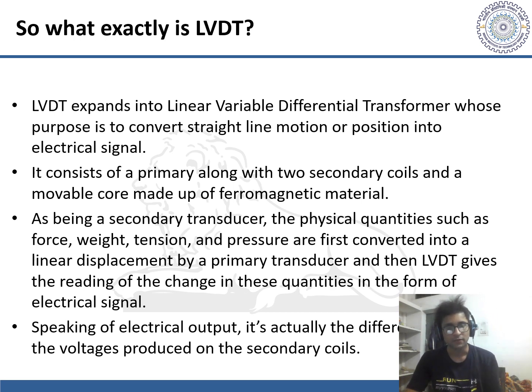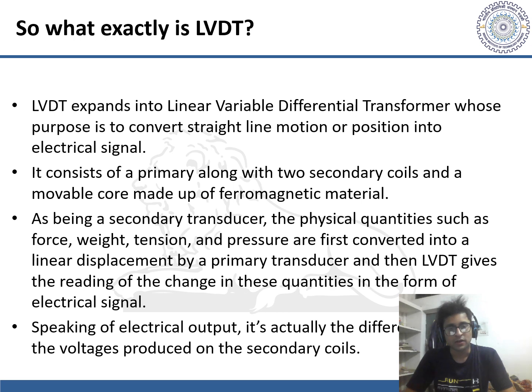So by this LVDT we can measure force, weight, tension, but they cannot be directly measured. First we have to convert the physical quantities into linear displacement by the transducer, and then the LVDT converts the displacement into a meaningful electrical signal.